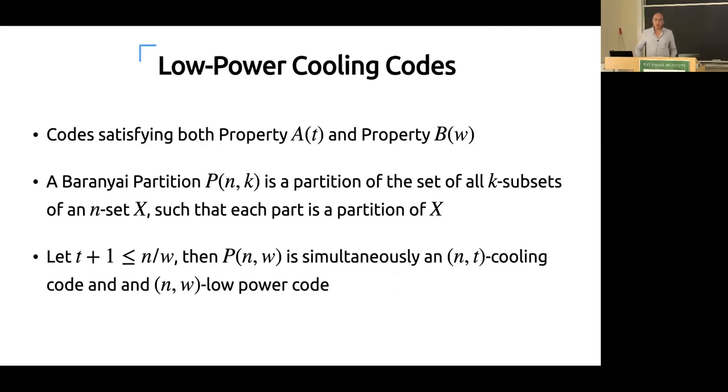What about low power cooling codes? These are codes satisfying both properties AT and BW. If you consider a Baranyai partition, which you can see as a one-factorization of the complete k-uniform set system, or as a large set of one-designs, Baranyai partitions are actually also cooling codes, when t plus 1 is less than or equal to n over w.